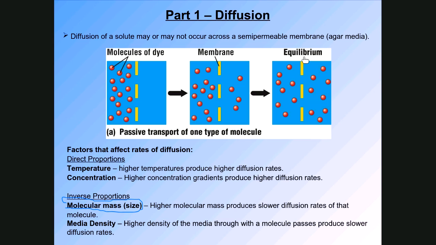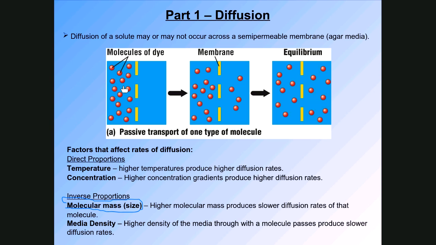However, if a semi-permeable membrane is present, you have to ask yourself a second question. Is that semi-permeable membrane permeable to the solute? In other words, will the membrane allow the solute to pass through it? In our body, not all solutes can cross the semi-permeable membrane, but water always can.